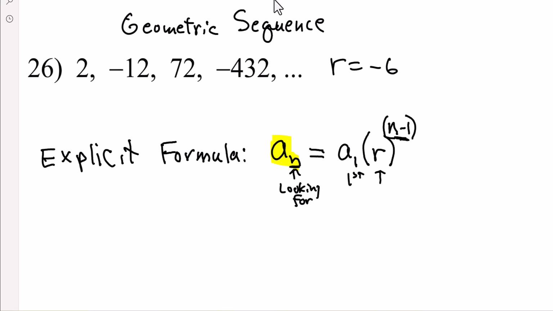So let's just see if we can determine if the fourth term is negative 432. So a sub 4 is equal to a sub 1, which is 2. The common ratio we already decided is negative 6. And then this 4 subtract 1 would be 3, so we would raise that to the third power.